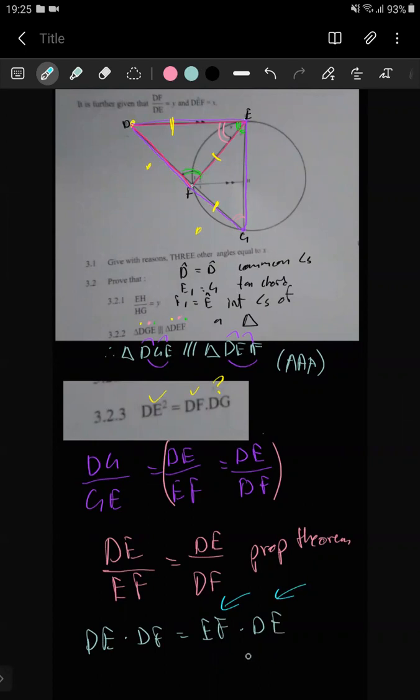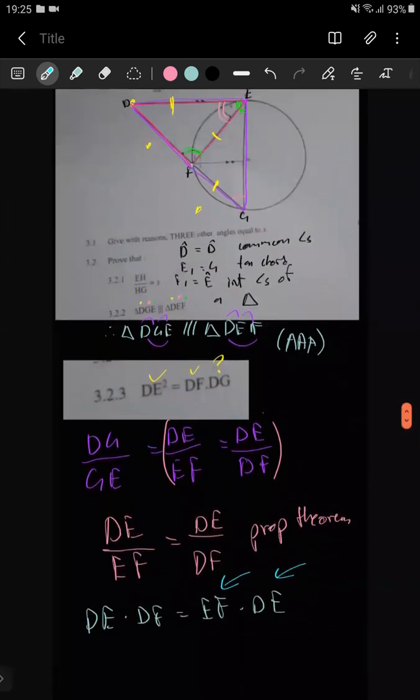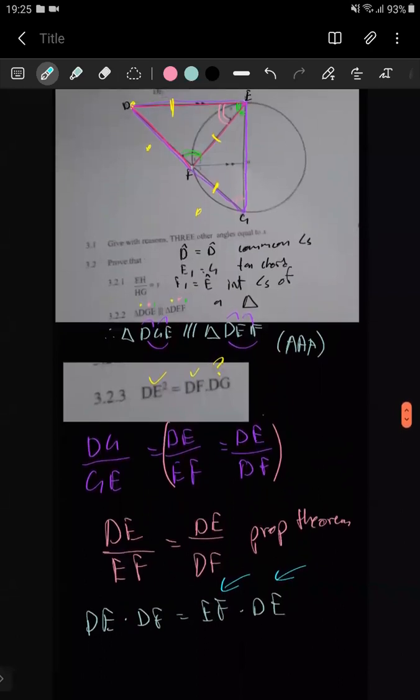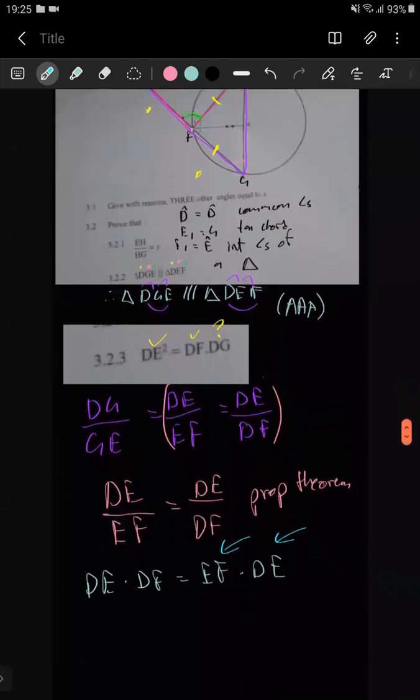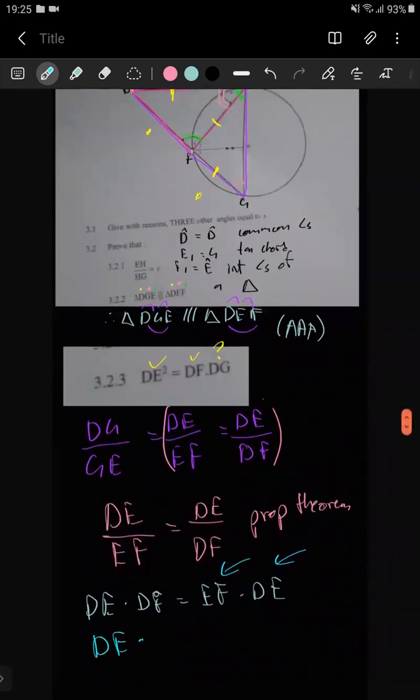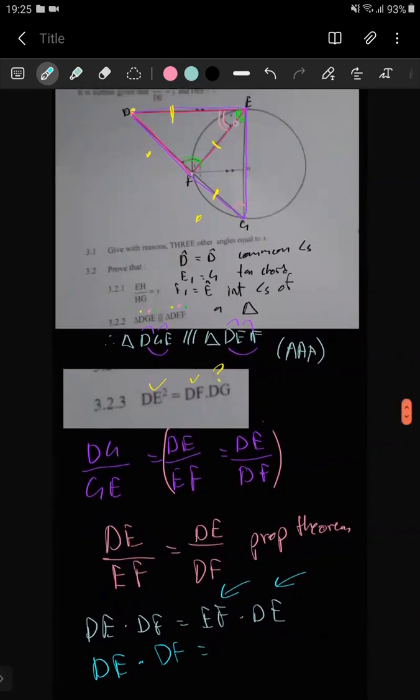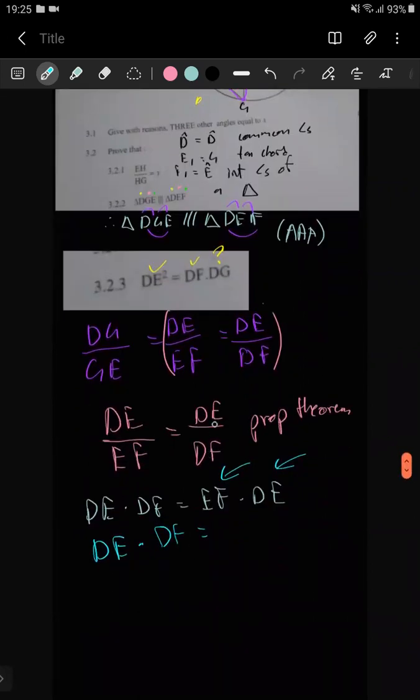Let's just carry on with this and see what happens. Here we're going to have DE dot DF. But what we know is that EF is equal to DE. Let me firstly write here EF is equal to DE.